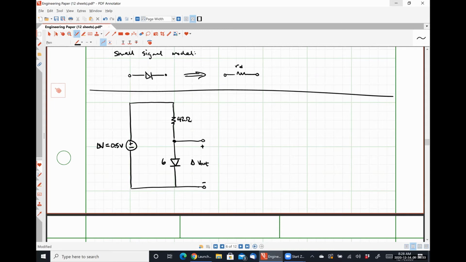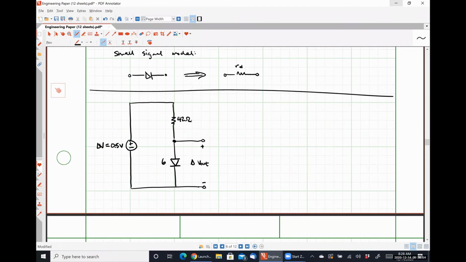Okay. I am not including my cell phone in this model because the cell phone drew a constant current of 80 milliamps, right? So since it doesn't change, it's the DC portion, not the change. So it should not show up in the small signal model.